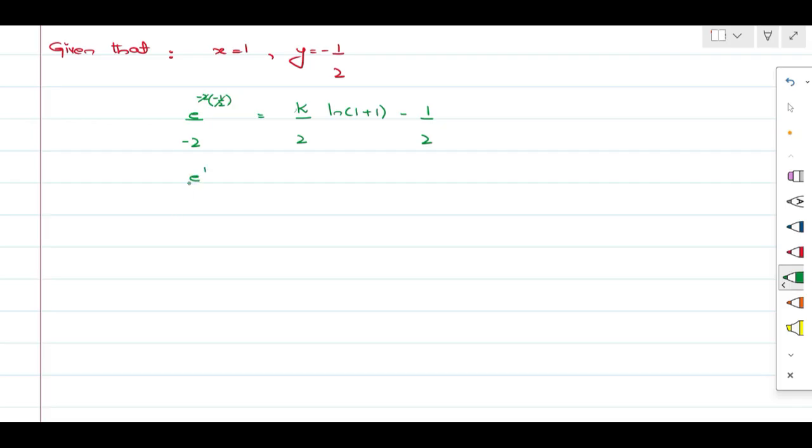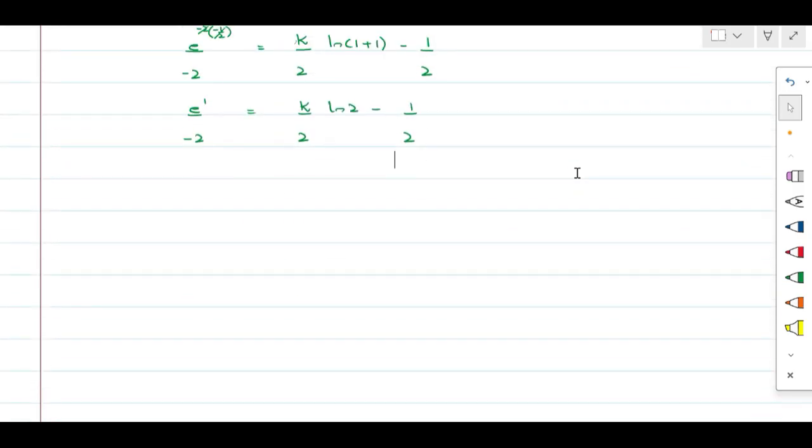This is e to the power 1 divided by negative 2, and that equals k by 2 times natural log of 2 minus 1 by 2. Okay, so we can take 2 common on both sides, or let me solve for k basically. So we have negative e over 2 plus 1 by 2 equals k times natural log of 2 divided by 2.